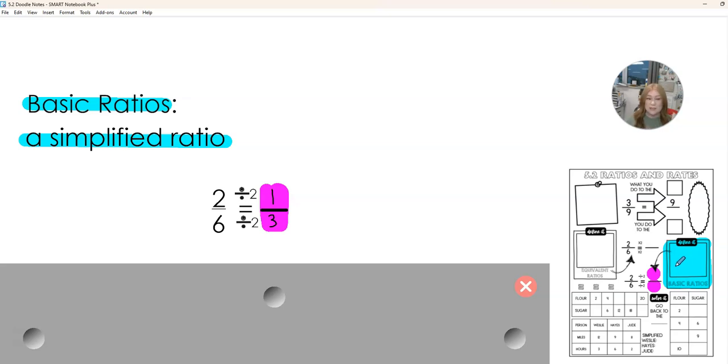If we're making equivalent ratios, often we multiply, but this is also an equivalent ratio. Lots of times we multiply, but you can also divide. A basic ratio has to be in its simplest form, the smallest numbers it can be, until it can only be divided by 1. So a basic ratio is simplified, and an equivalent ratio is any ratio that is equal to another.